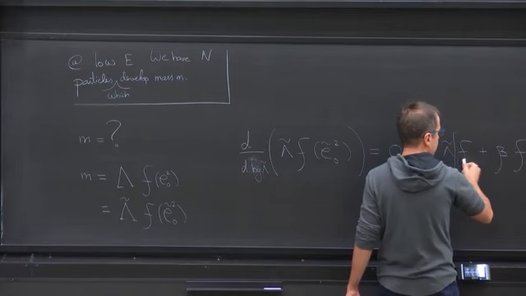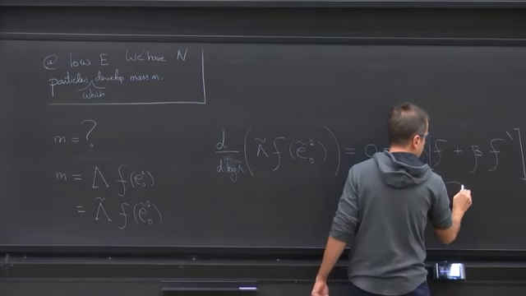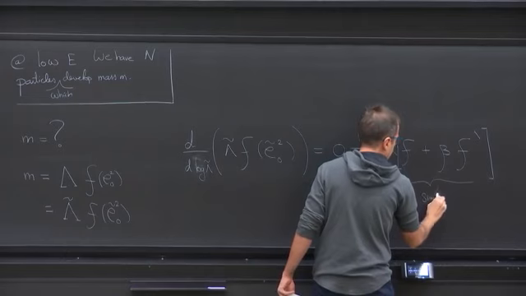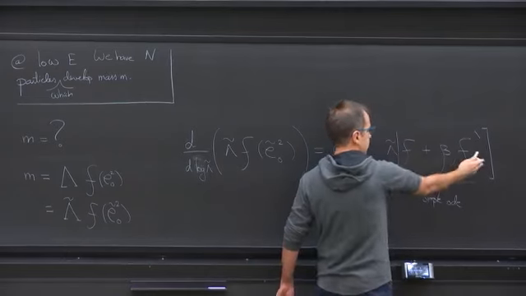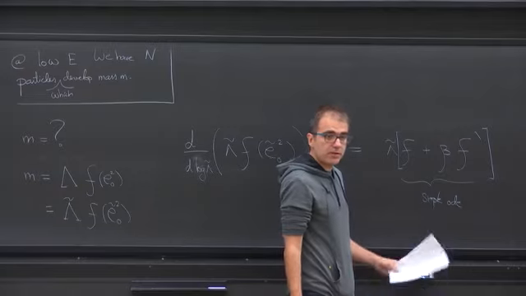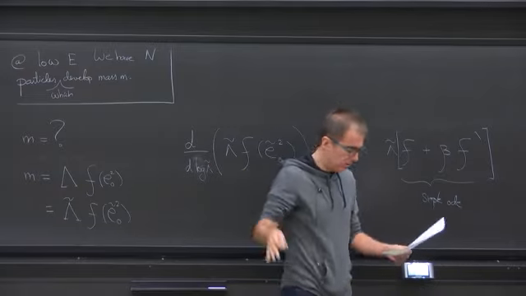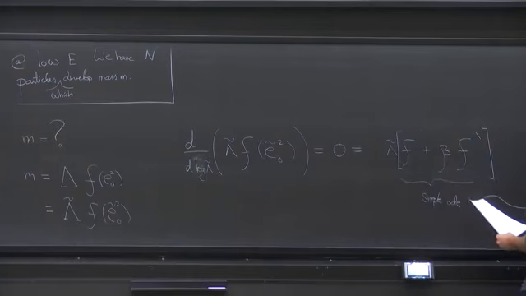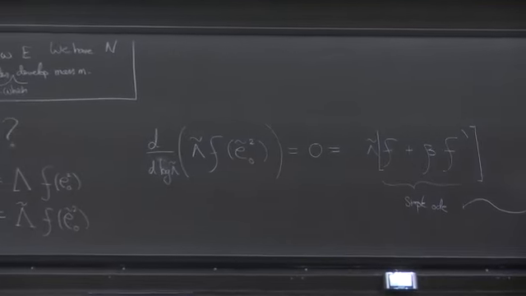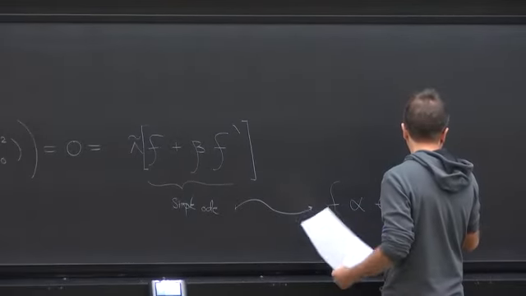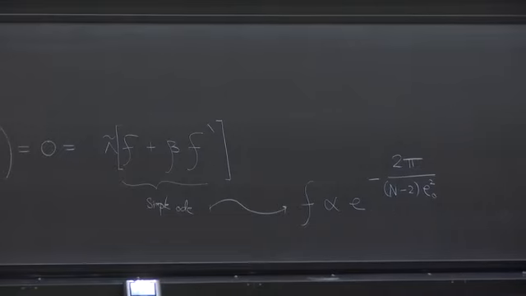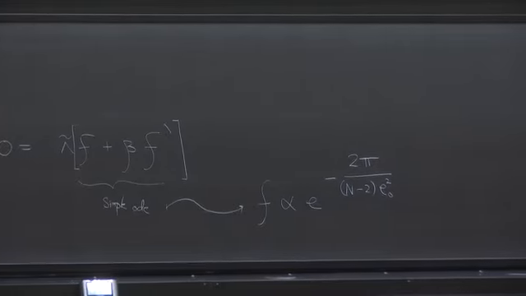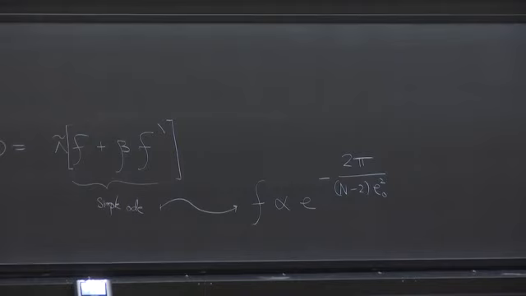This gives you a simple differential equation, a simple ODE. Let me write the solution right away. You just plug in beta and solve this differential equation, and the solution is that f is proportional to e to the minus 2 pi over n minus 2 E0 squared. If you plug it there, you see that the derivative would cancel the beta function and give back f.